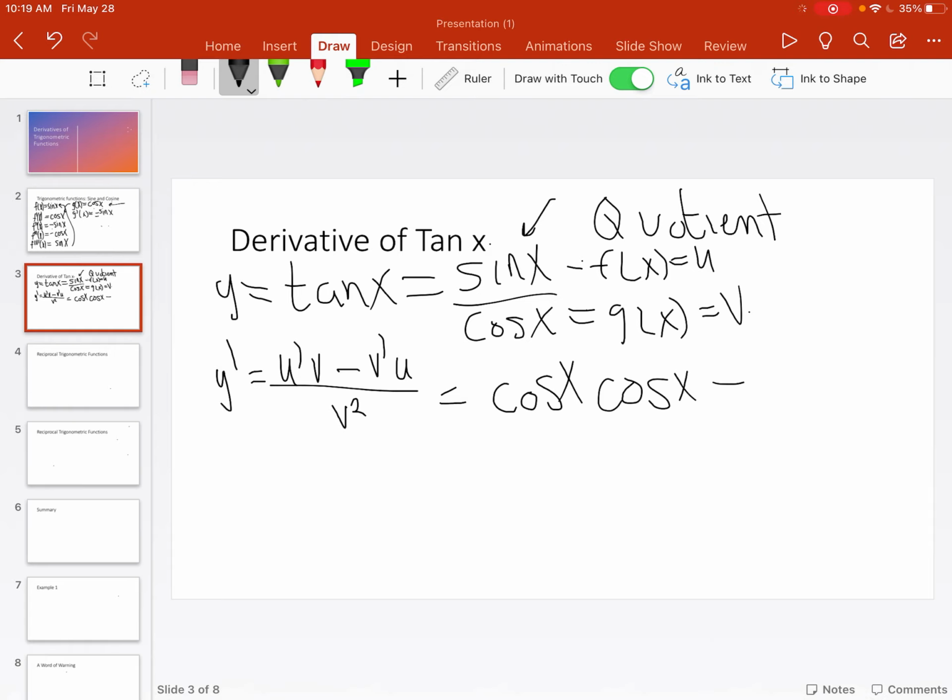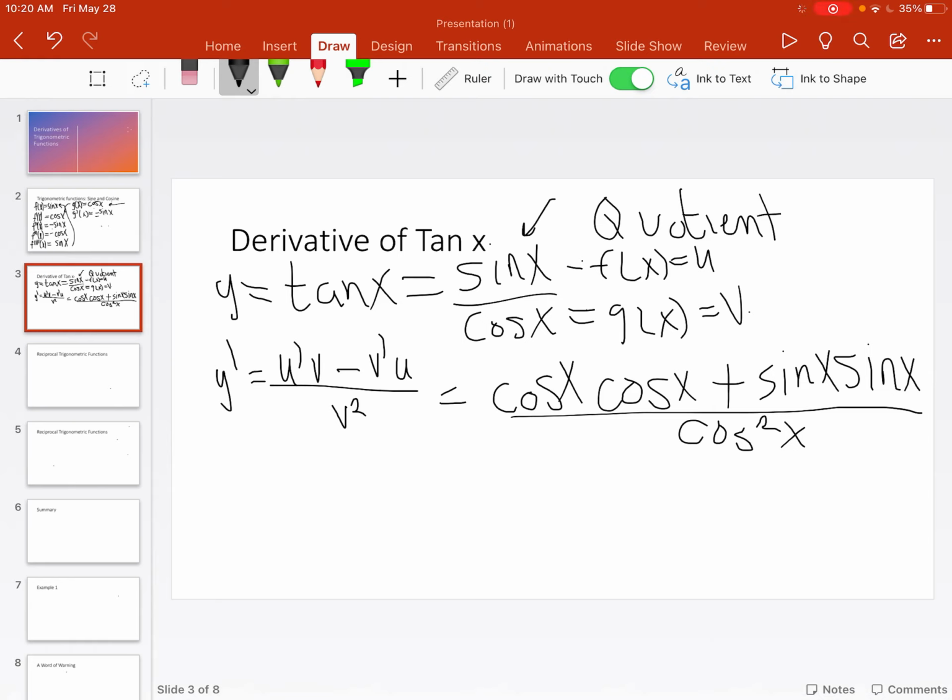The derivative of the denominator is negative sine x, but this minus sign and the negative cancel out, so I just get sine x. What is the numerator now? The numerator is also sine x. And this is all over the denominator, which is cosine x squared.